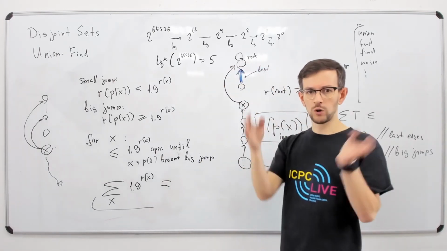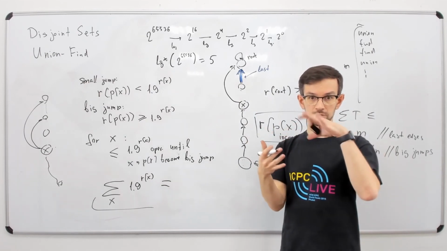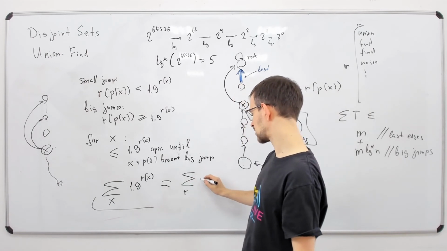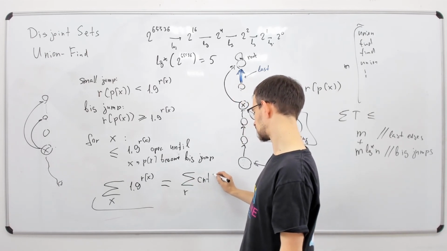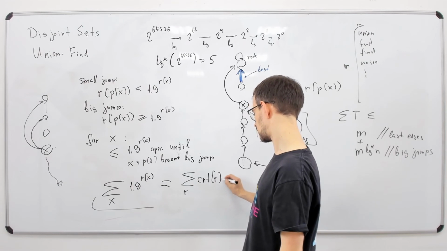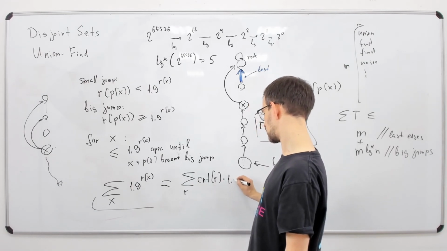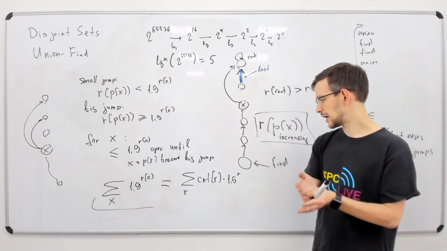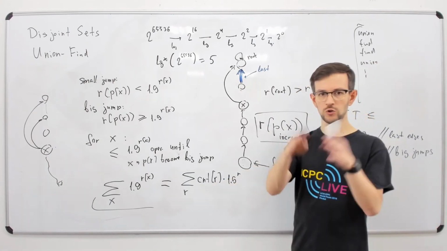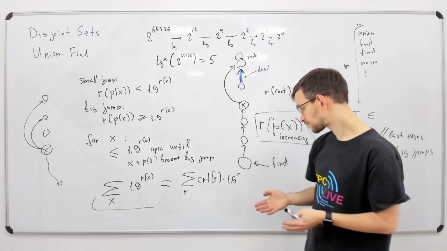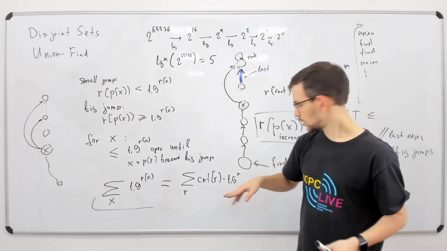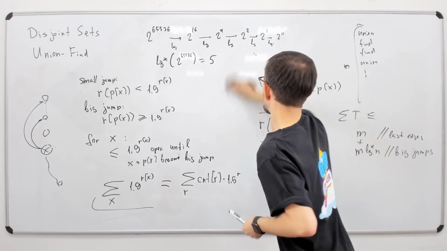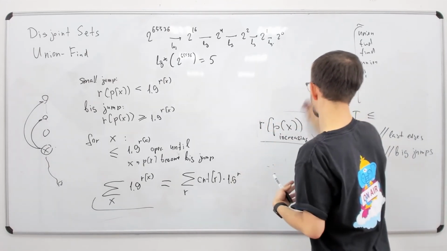We will group all nodes by the rank. Multiply by 1.9. So let's group all nodes by rank and calculate the sum for all nodes of the same rank. How many nodes may have the rank R?